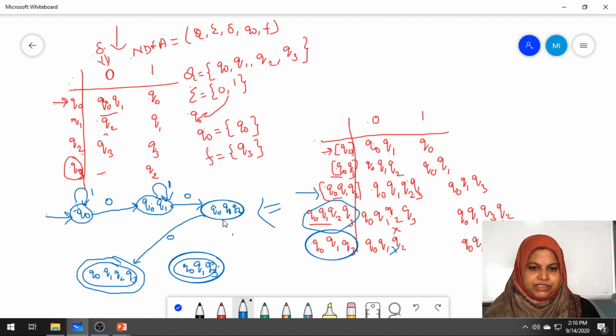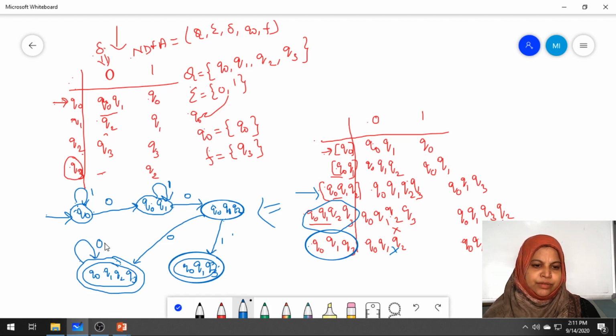We have to take this arrow mark here. Next, Q naught Q1 Q2 Q3 on 0, Q naught Q1 Q2 Q3, same self loop. Q naught Q1 Q2 Q3 on 1, same Q naught Q1 Q2 Q3, same self loop.